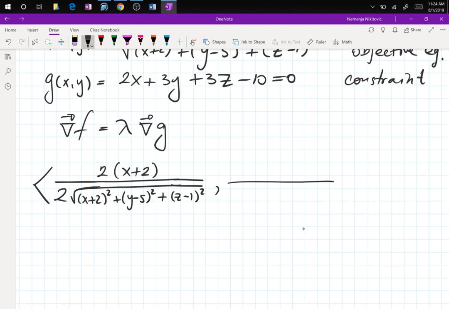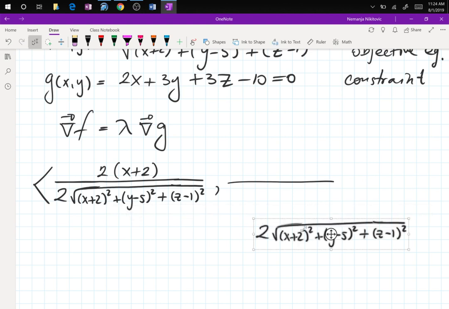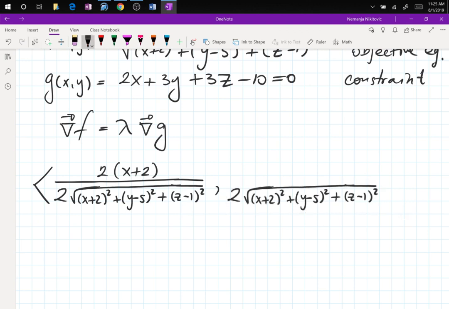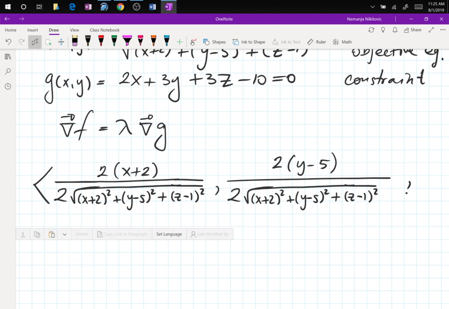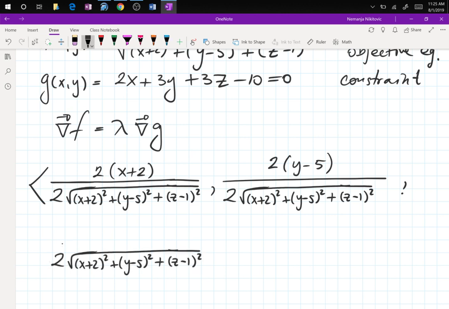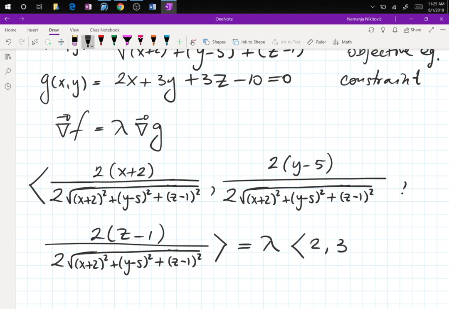So now all I need to do is repeat this 3 times. I have this denominator, copy and paste. And I have 2 times y minus 5 times 1, comma, another one, paste, no one there, the numerator is 2 times z minus 1, equals lambda, and now derivatives of g, and those are easy. 2, 3, oh, this is supposed to be a 6.